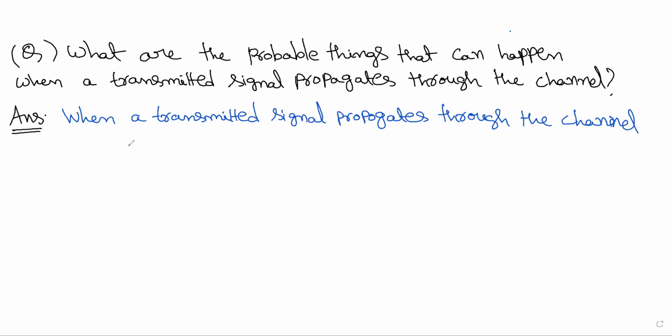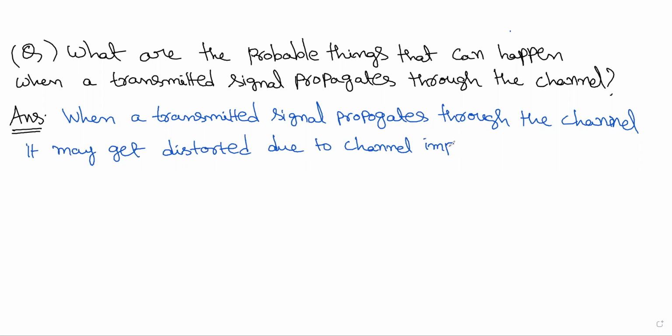When a transmitted signal propagates through the channel, it may get distorted. It may get distorted due to channel imperfection.